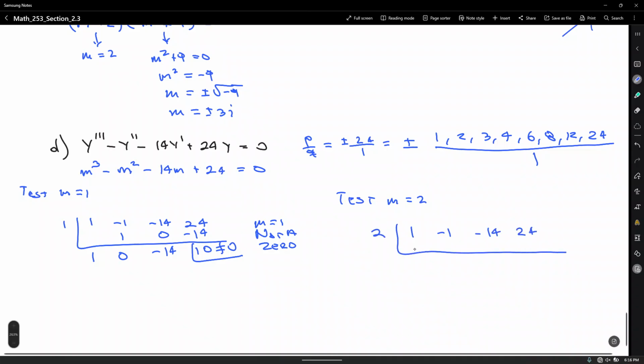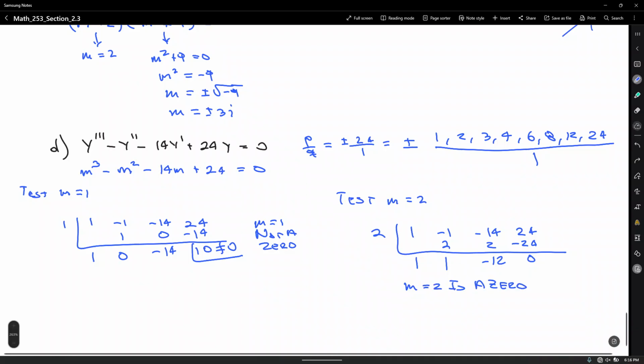Okay, so 2, drop the 1. 1 times 2 equals 2. 2 minus 1 equals 1. 1 times 2 equals 2. Negative 14 plus 2, is that negative 12? And negative 12 times 2 is negative 24. 0, okay? So 2 is going to be our zero. This means m equals 2 is a zero.